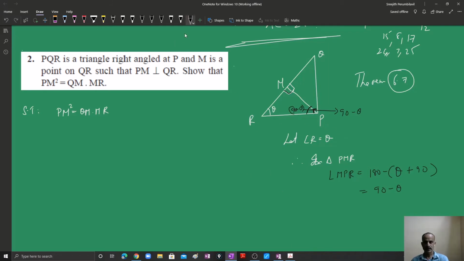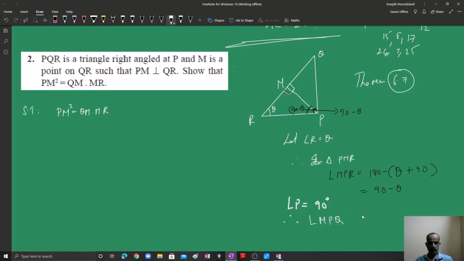So in this triangle, angle P is equal to 90 degrees. Therefore, what do you know about angle MPQ?